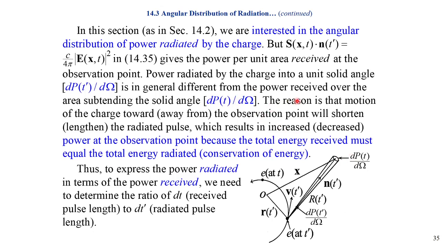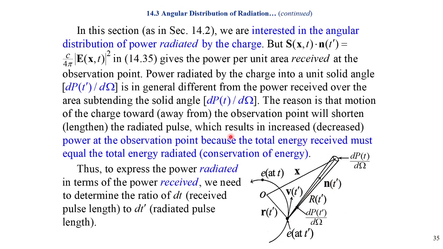The reason is the motion of the charge toward or away. Just imagine if the particle moves toward the observer, it will shorten the radiated pulse. If the particle does not move, then nothing changes. But if the particle moves in the same direction as the wave propagates, the pulse will shorten.